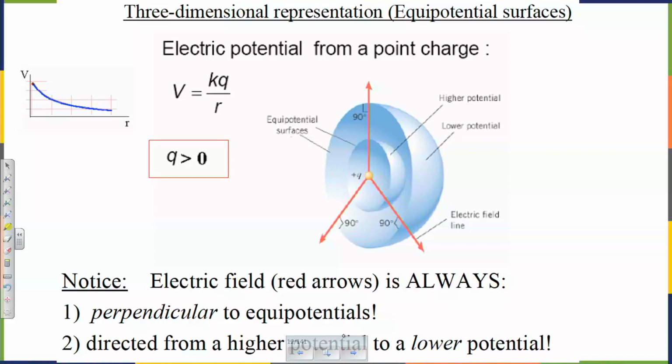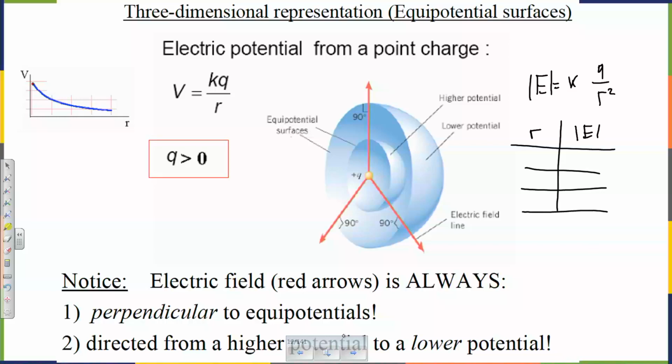That I do not understand. For electric field, that's a good question, but I don't understand the question, but it's a good question. For electric field strength, we know the equation. So if I want to calculate electric field strength at different distances, I'm going to get different numbers.